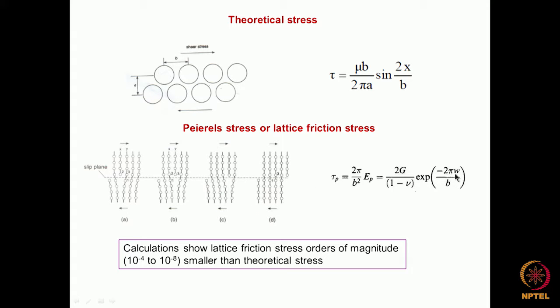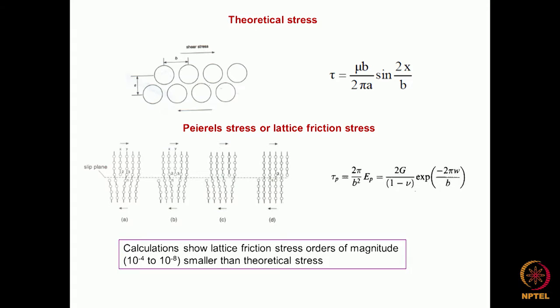If these values are substituted, one will find that the lattice friction stress occurring in the material is maybe 10 to the power of minus 4 to 10 to the power of minus 5 order smaller than the theoretical stress necessary for making one layer move on top of another, the theoretical shear strength.